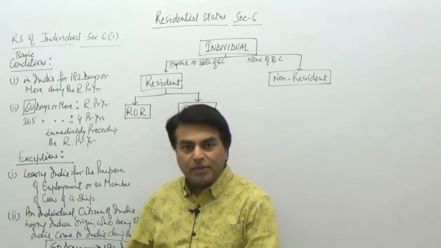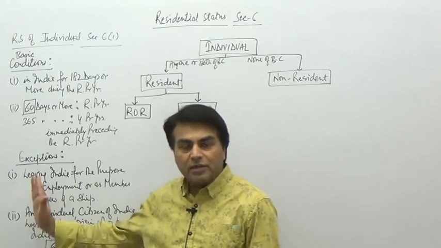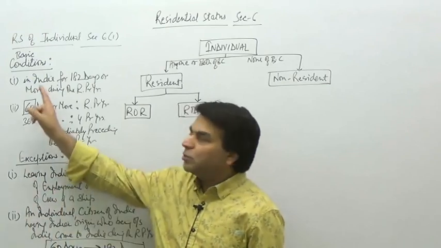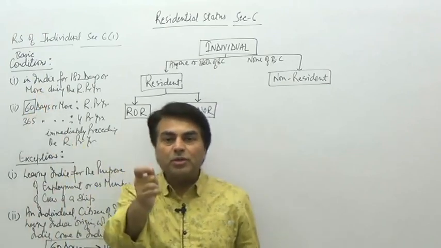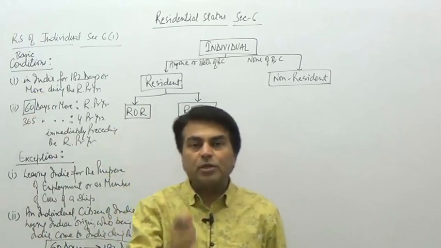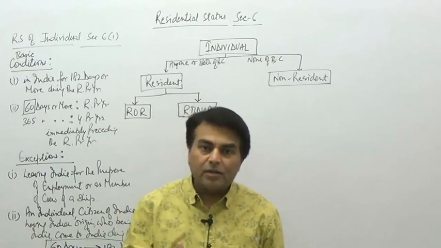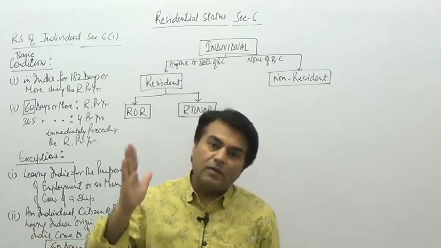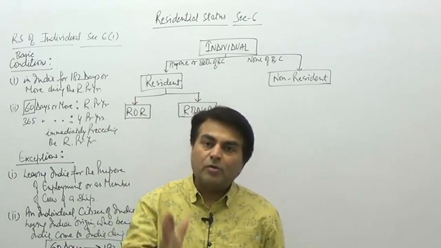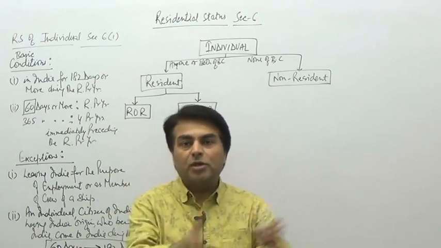So for the individuals who are covered under exceptions, there is just one basic condition. You need to check whether they are in India for 182 days or more during the relevant previous year. If they are, they become resident. If they are not in India for 182 days or more, they become non-resident.